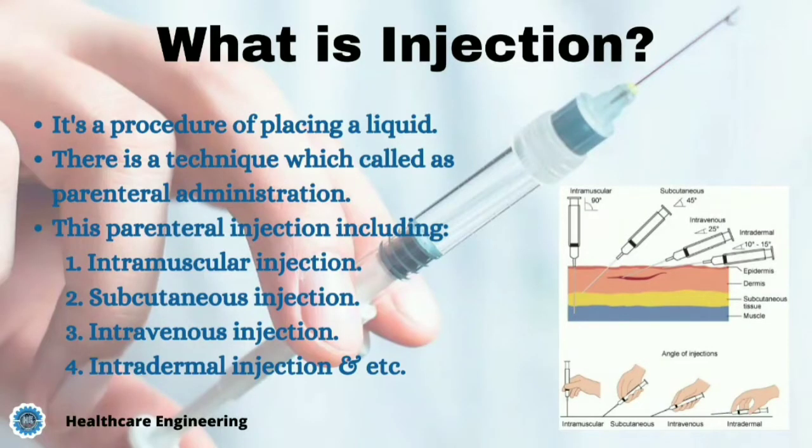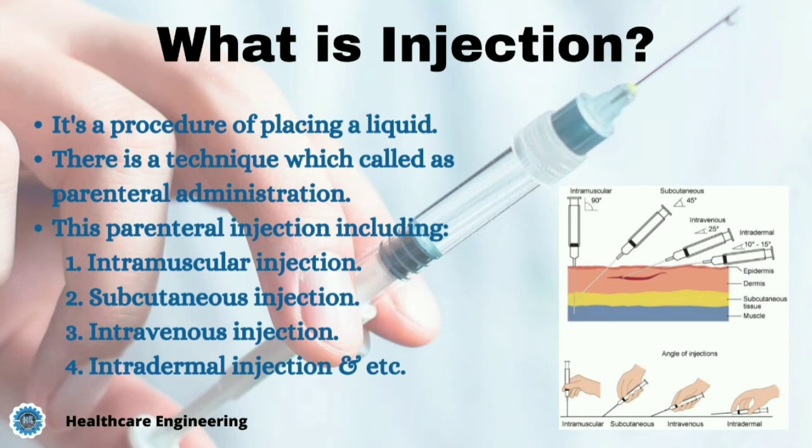Now let's see what is injection. Injection is a procedure of placing a liquid, mainly a drug, into the patient's body by using a needle and syringe. This is a technique for delivering drugs by parenteral administration, which is the administration through a route other than via the digestive tract.